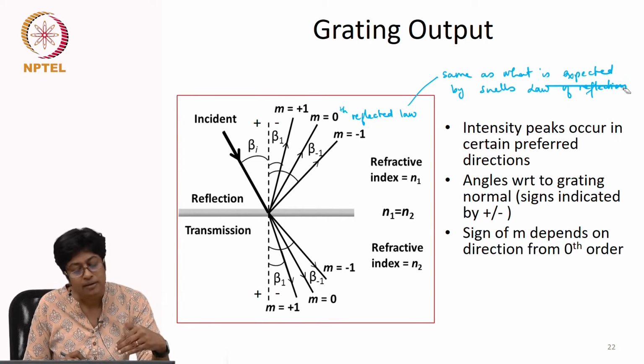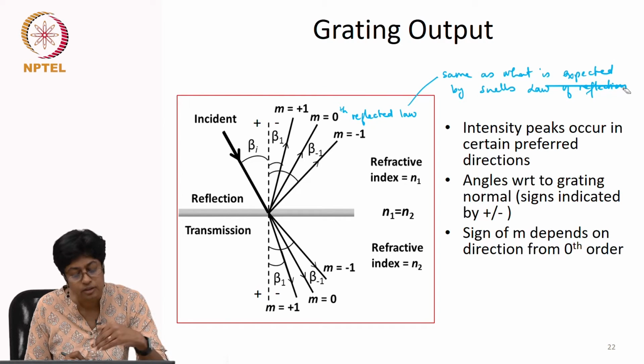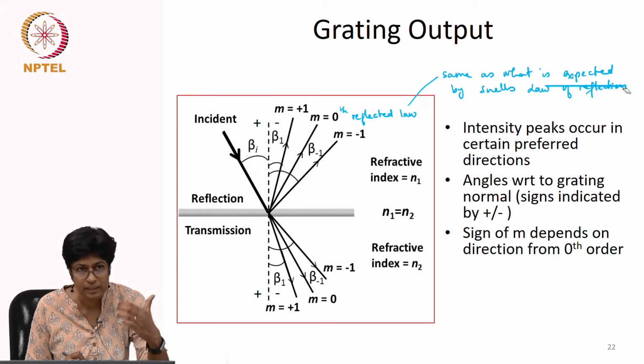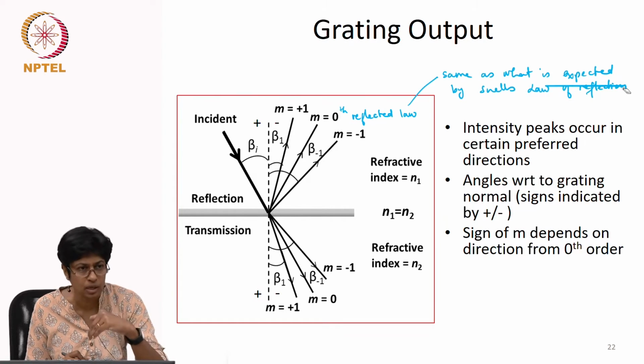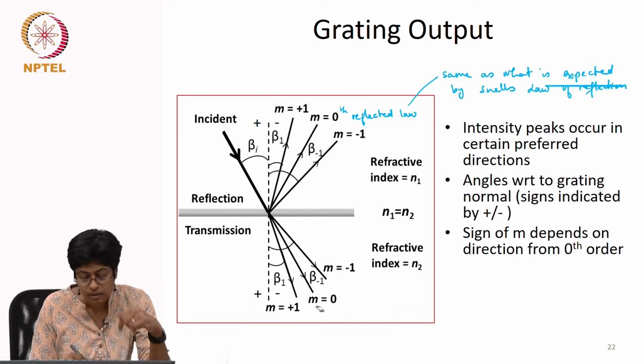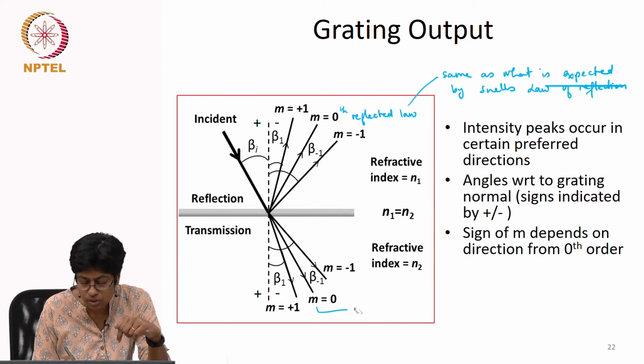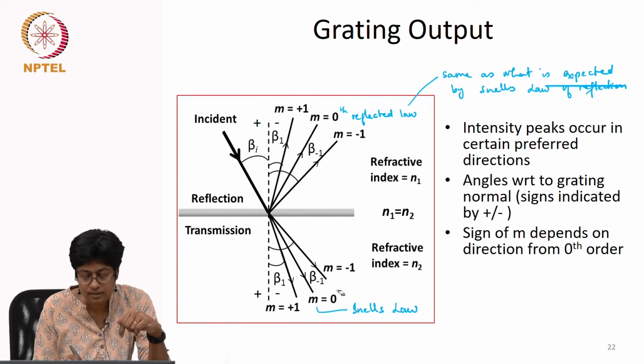If I look at the refracted, either I consider my grating to be very thin, so light travels just along a straight path, or I take into account the refraction caused by this grating, and I look at the beam that follows Snell's law of refraction. That is the 0th transmitted order.